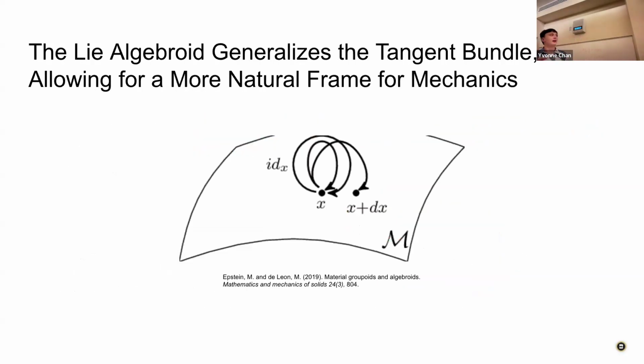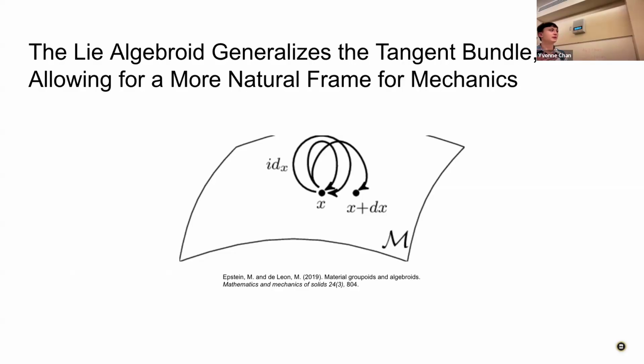Before I move on to the next section, I want to mention a little bit what a Lie algebroid is. A Lie algebra, I said, was generalizing the notion of velocity. A Lie algebroid generalizes the tangent bundle itself, so it's an even further generalization that we can make.